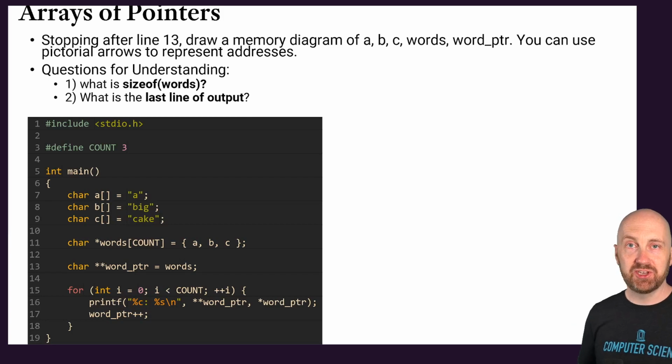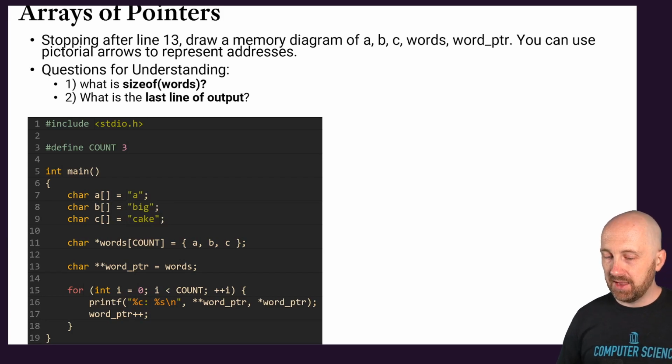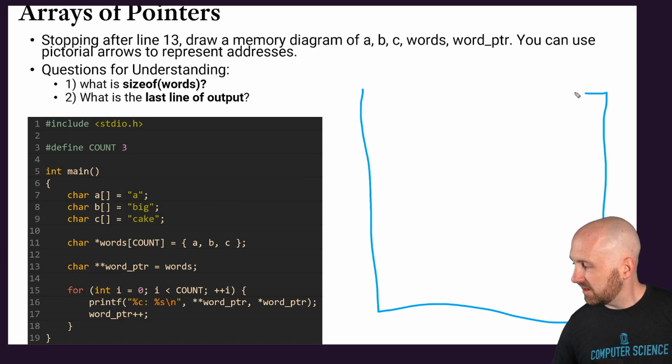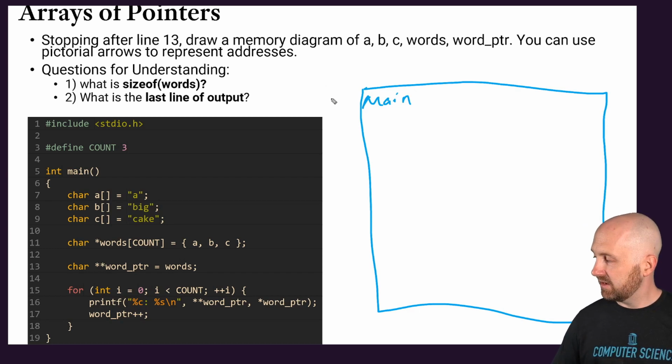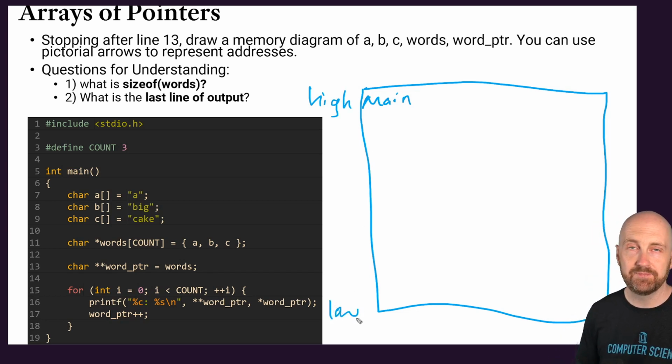All right, well, let's diagram this out. So I'm going to set up a frame for main. And one of the things that I think is a common technique that is worth thinking about as you're trying to diagram how memory is laid out in a given C function evaluation is remember that the high memory address is going to be at the top and the low memory address is going to be at the bottom.